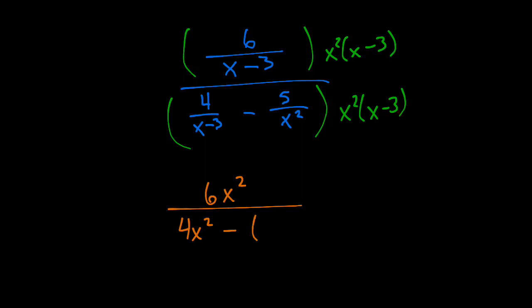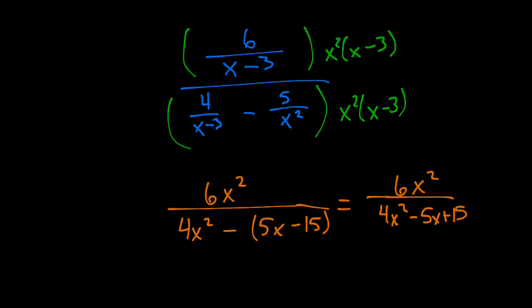So we'll have minus a 5x minus 15. And so when we distribute that negative, that's going to leave us with 6x squared on top still. And running out of room on the side here. But 4x squared minus 5x plus 15. So again, we have to be careful and make sure that we distribute that negative there. Okay?